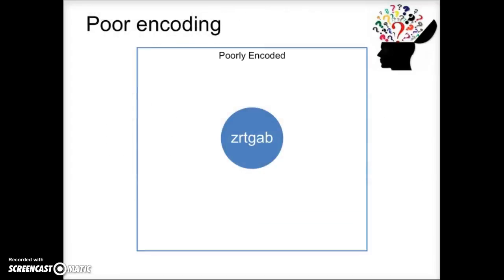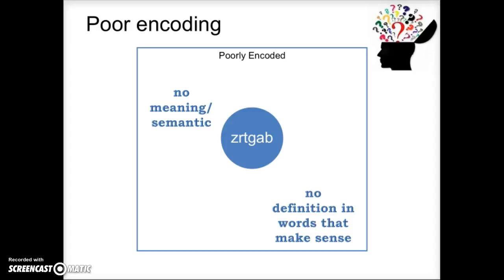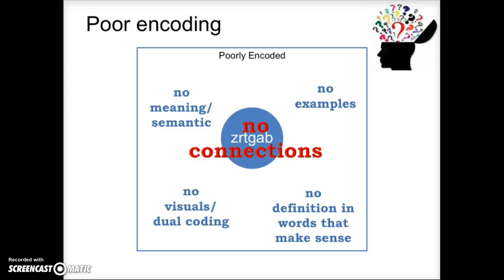Poorly encoded information is information that has no meaning. There's no definition that makes sense to you stored in your memory. You have no examples that you can draw on, and you don't have any pictures or dual codes to help you make sense of what's going on. In short, poorly encoded information has no connections, and without connections, you cannot retrieve.